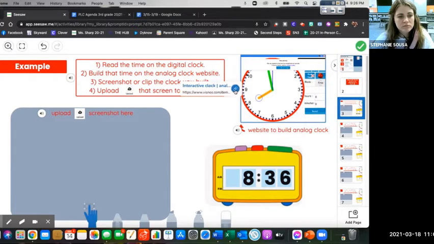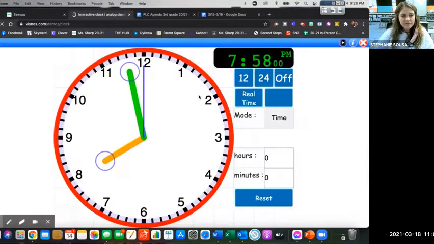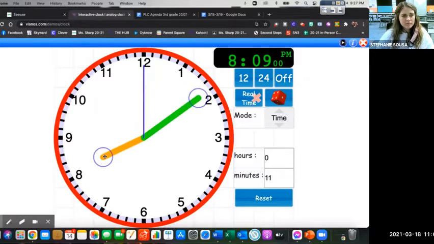So I'm going to open up my website and build the time 8:36. AM and PM doesn't matter for this because we are just building the time. The easiest thing is to take the hour hand and put it at the correct hour first. So 8. And then I'm going to take my minute hand and move it.